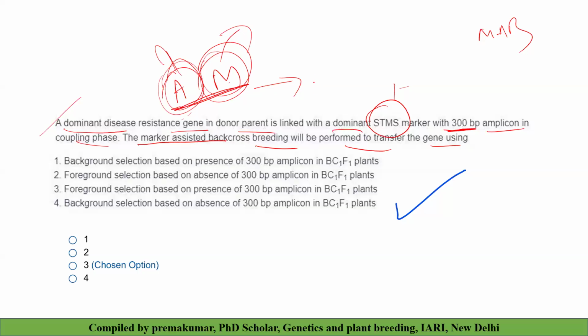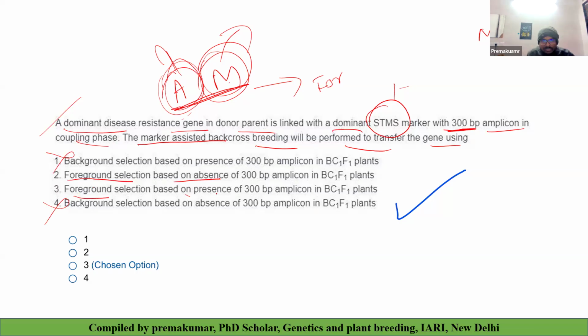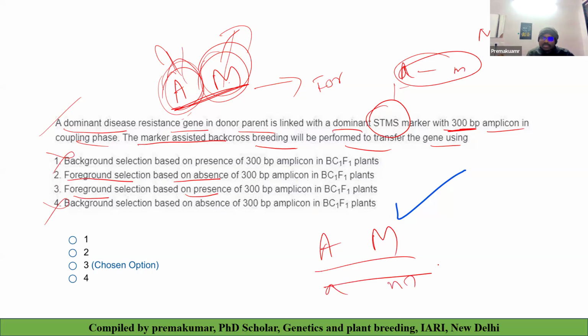You just discard your background. Then you check foreground selection based on absence or foreground selection based on presence. They are saying that they are in the coupling phase. Means capital A is there, capital M is there, then small a, small m. They are in coupling.